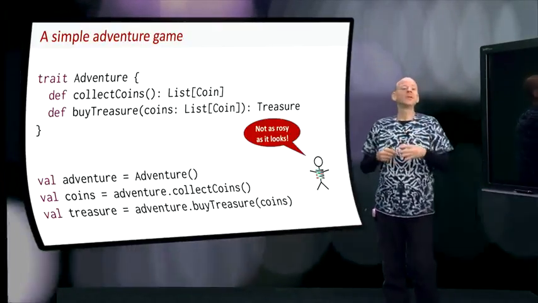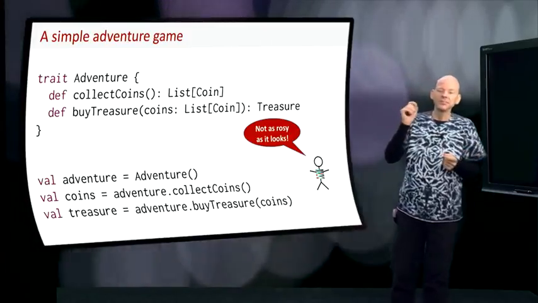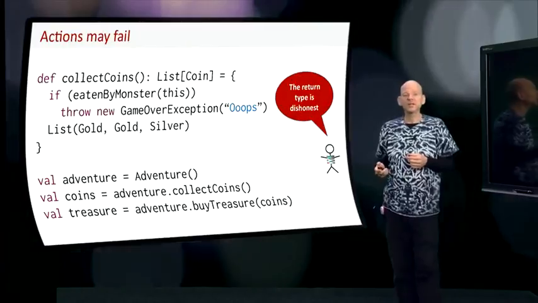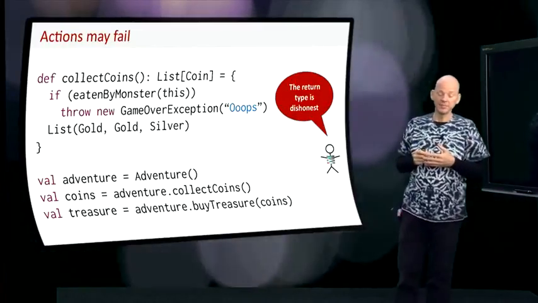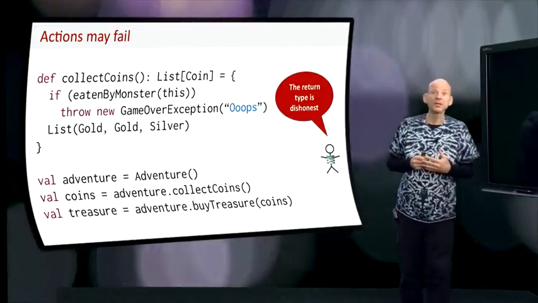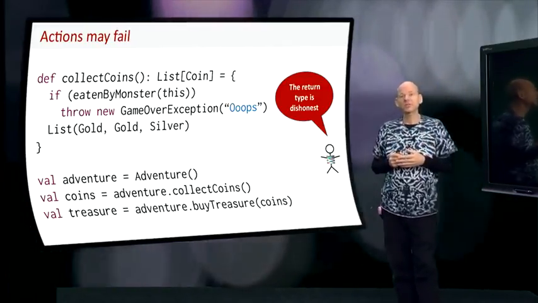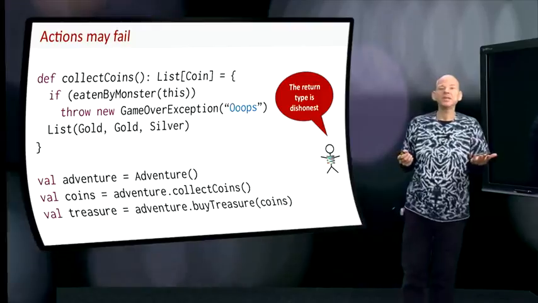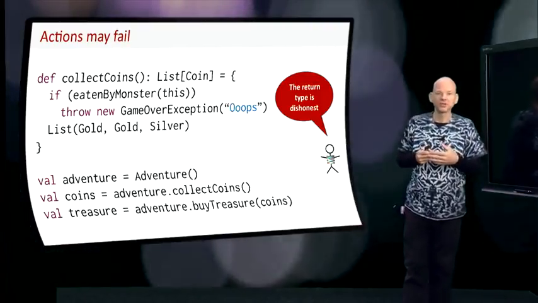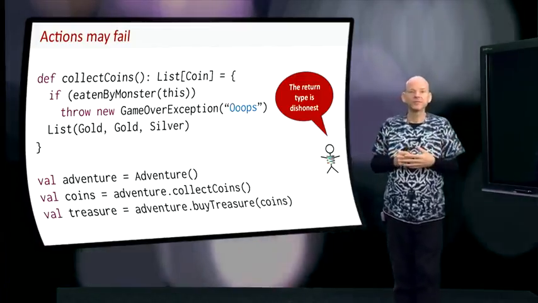Now this program looks very innocent, but it's really not as innocent as you think, because as in any video game, actions may fail. For example, while you're trying to collect coins, you can be eaten by a monster, and then the game over exception is thrown, and you won't receive a list of gold.